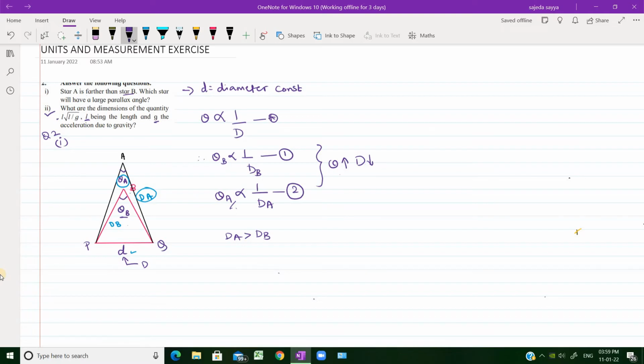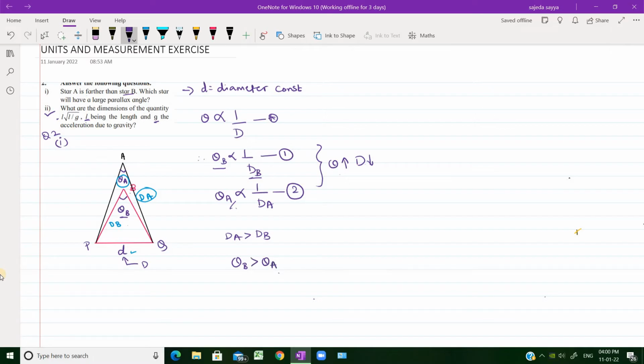Therefore from this relation it is clear that the more the distance, the lesser will be the parallactic angle. We are asked which star will have a large parallax angle. As distance dB is less, therefore theta B is more. Therefore theta B is greater than theta A.